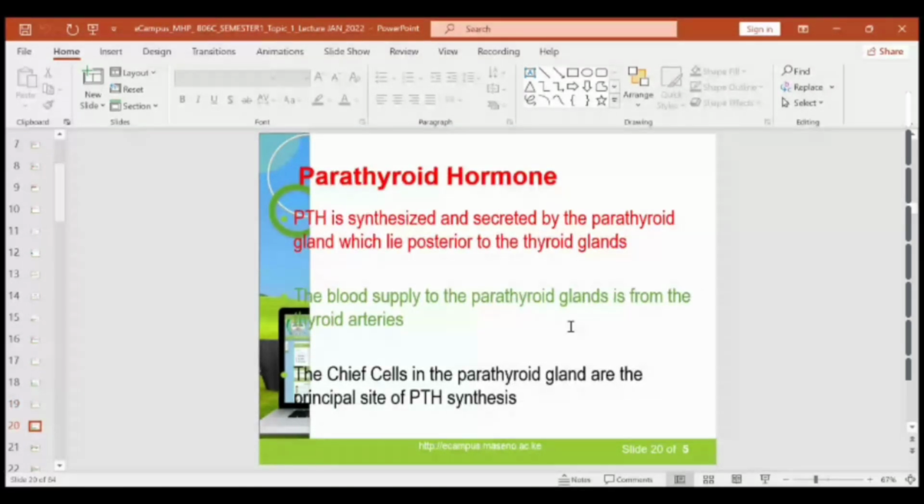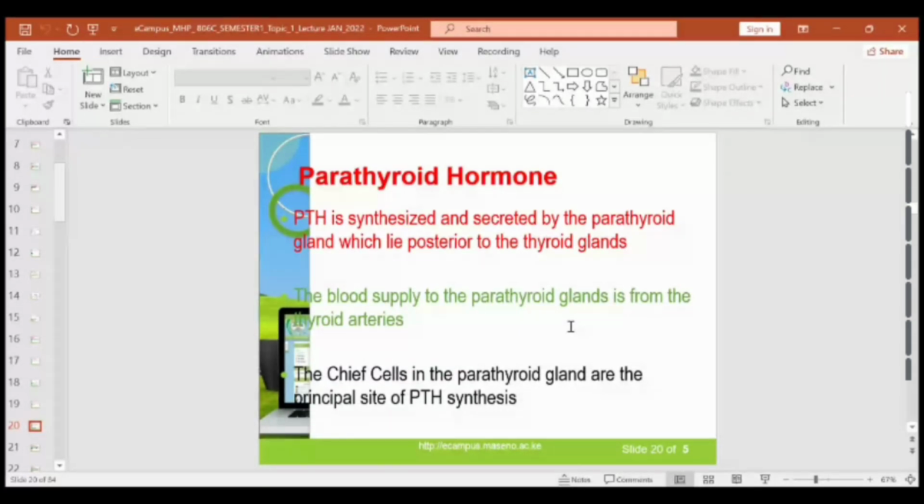So we have talked enough about the activated form of vitamin D3. Let's proceed and see the parathyroid hormone. The parathyroid hormone, or PTH, is synthesized and secreted by the parathyroid gland. From the word para, it means it lies adjacent to the thyroid gland, but usually a little bit posterior.